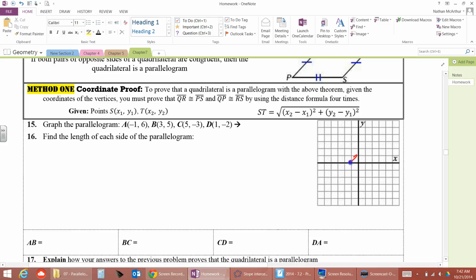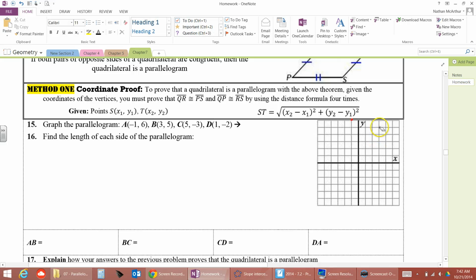Plot the points. -1, up 1, 2, 3, 4, 5, 6. Okay. 3, 5. 1, 2, 3, 4, 5.